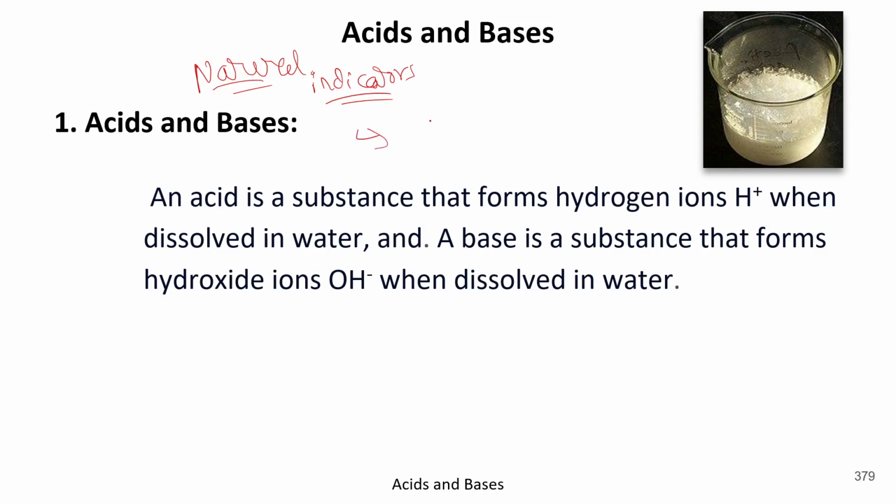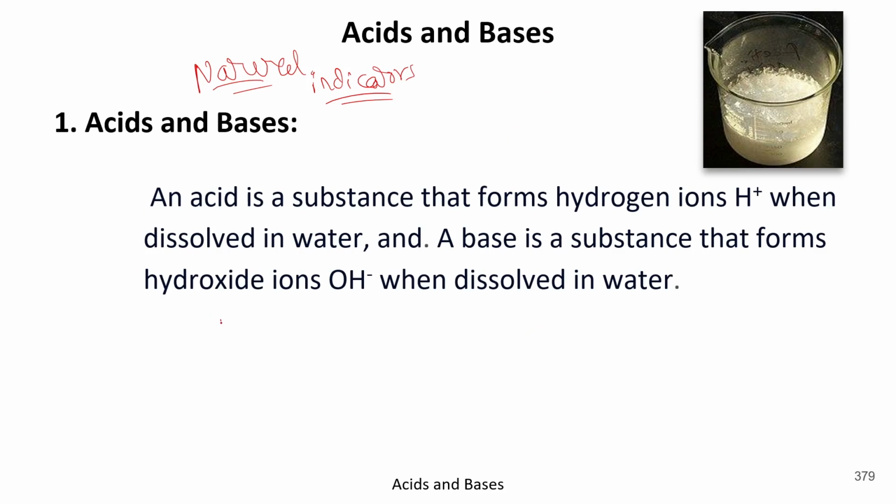The natural indicators basically involve litmus paper, then red cabbage, not garbage, red cabbage, and then turmeric. So these are the three natural indicators which we primarily use to find out whether the thing is acid or basic. Okay. And how do we do it? Let's start.